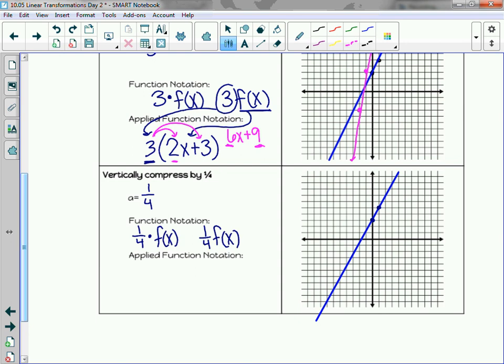So let's apply our function notation. Remember, same thing we've been doing for all of them. What was your function? You should all be sitting at home yelling at the video. It's 2x plus 3, and the whole thing is getting multiplied by 1/4.